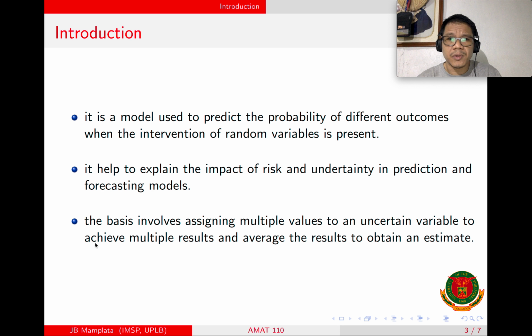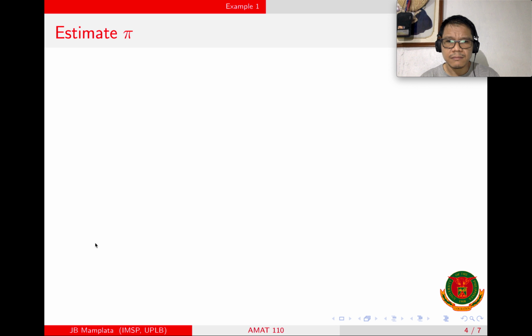So it is very important also to know the corresponding probability distribution or probability density function associated to the random variable you considered from the simulation or from the experiment. Let me give you several examples on how we could use Monte Carlo simulation, and I will also show some R codes to illustrate these examples.